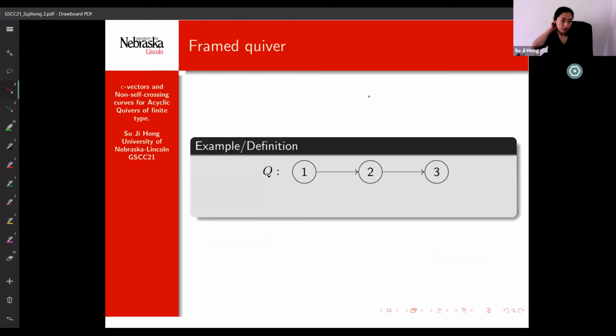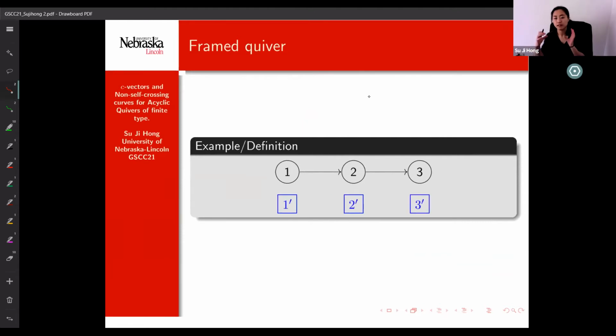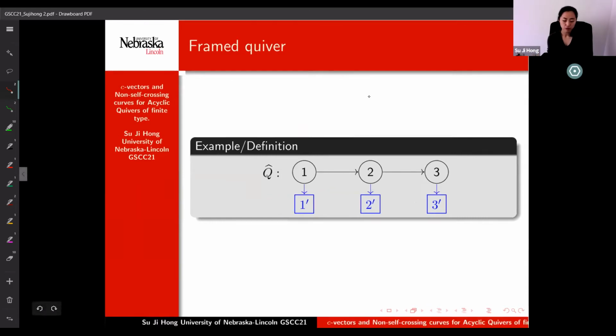To define c-vectors, I first need to define what a frame quiver is. I'm just going to show you an example. Given this Q, we're first going to copy the vertex set, but we make the new vertices frozen, so we're not going to mutate at those. Then we put an arrow from mutable vertex 1 to frozen vertex 1, and so forth.